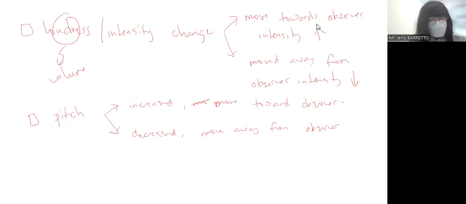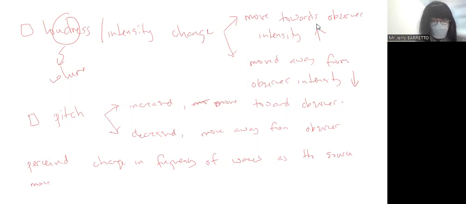Okay, and this perceived, right? The perceived. So we believe it to be, we sense it to be, we think it is changing, but actually it's not, right? The perceived change in frequency of waves, could be sound waves, could be light waves, as the source of these waves moves relative to an observer, so that's moving towards or away.